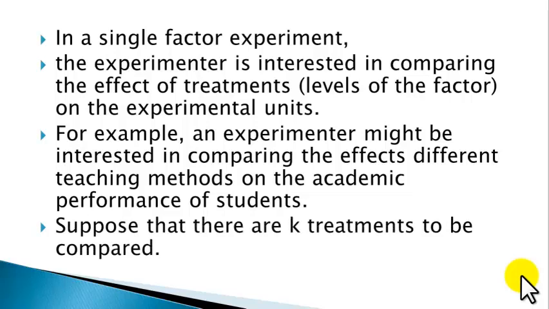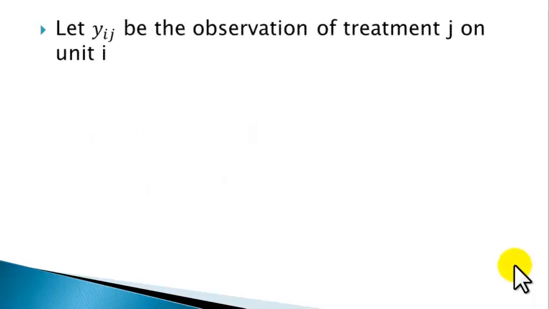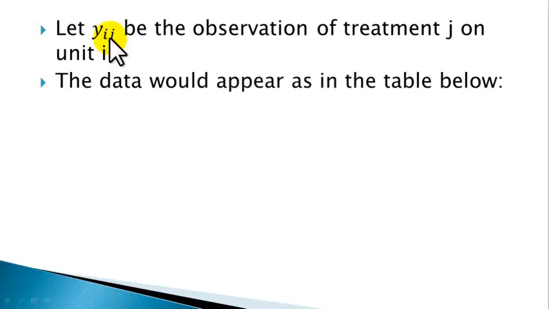Suppose that there are K treatments to be compared. Let Yij be the observation of treatment j on unit i. Then the data will appear as in the table below.